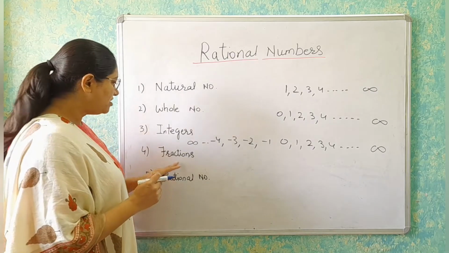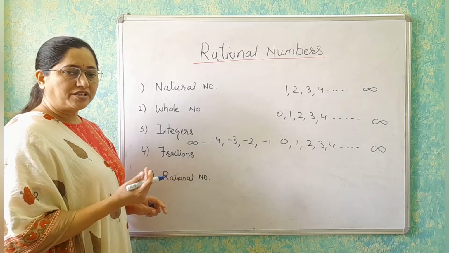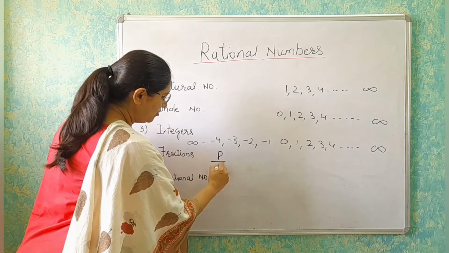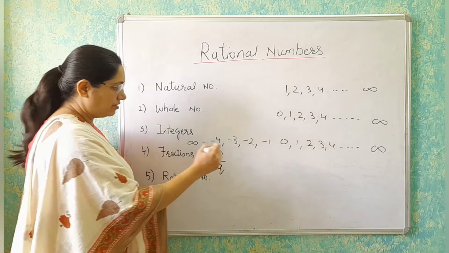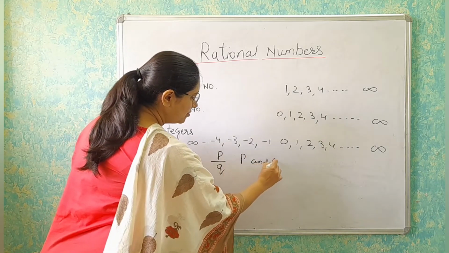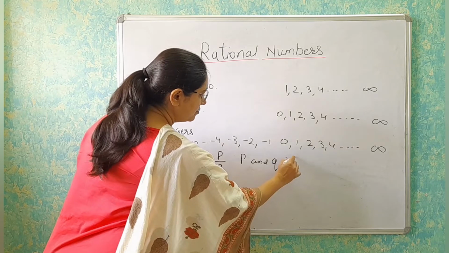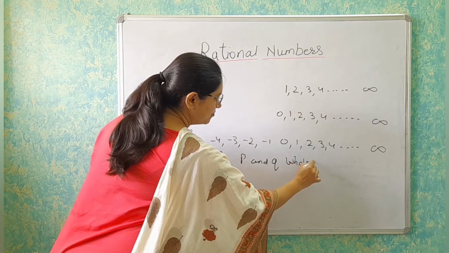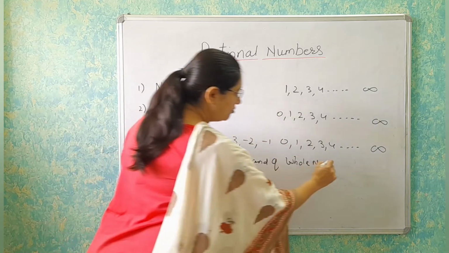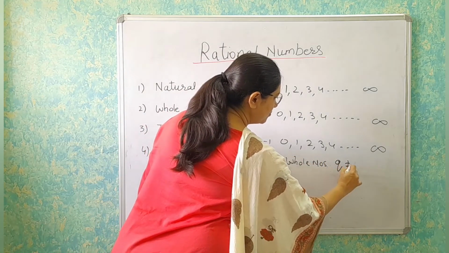And the next one is fraction numbers. Fraction numbers can be represented in the form p upon q, where p and q are whole numbers, but q cannot be equal to 0.